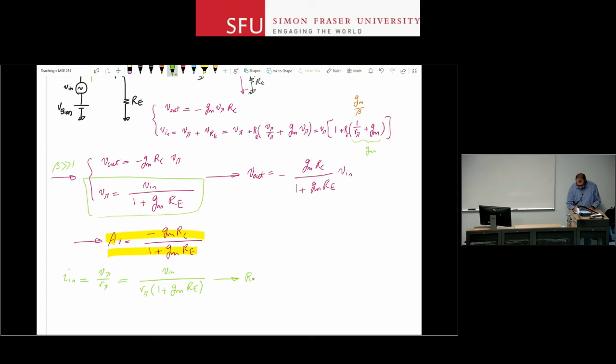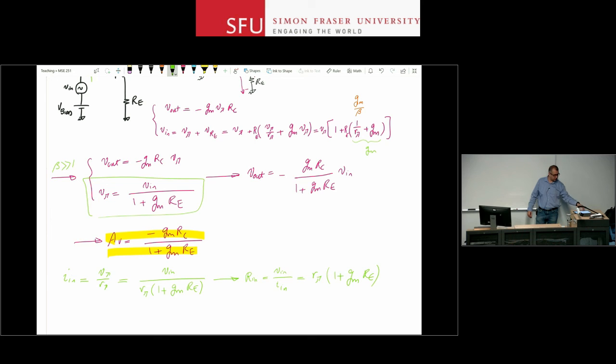So therefore R in, which is the ratio of the input voltage to the input current, is going to be R pi times 1 plus GM RE. And now this is an interesting result, right? So I can see from the expression for AV that my gain has dropped by a factor of 1 plus GM RE.